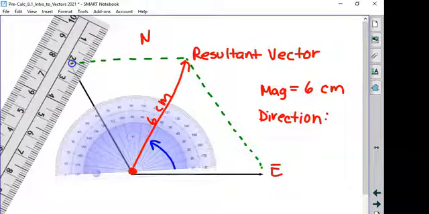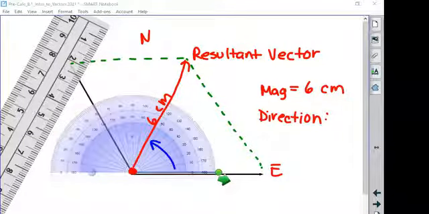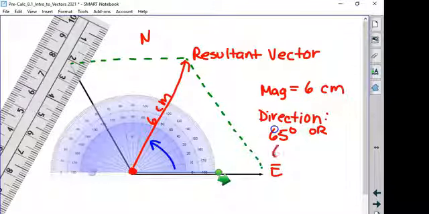Again, we're just approximating. So if we look at this, it looks like it's about halfway between 60 and 70. So we're going to say it's about 65 degrees. And we can either say just 65 degrees relative to 0, or we can say 65 degrees north of east, because relative to the east, we went north.